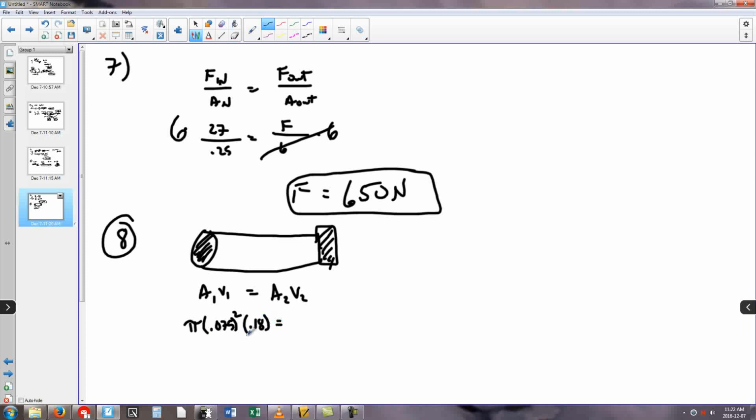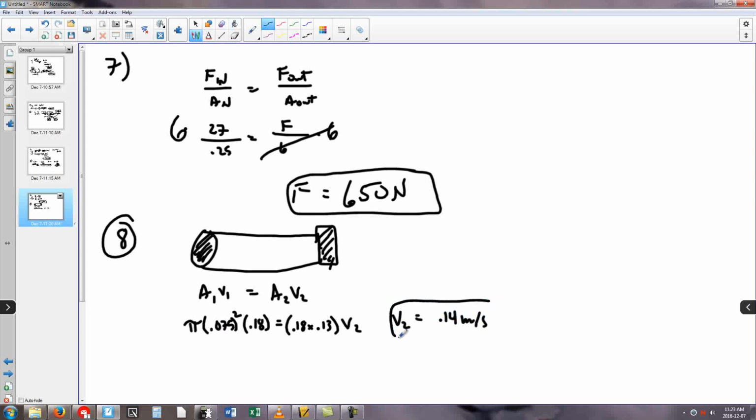So that's area times velocity equals the area of a rectangular opening is going to be length times width. The length of the opening is 18 centimeters, 0.18, times the width of it is 0.13 or 13 centimeters, V2. All I have to do is divide by that value, 0.13 times 0.18, and I get that V2 has to be 0.14 meters per second.